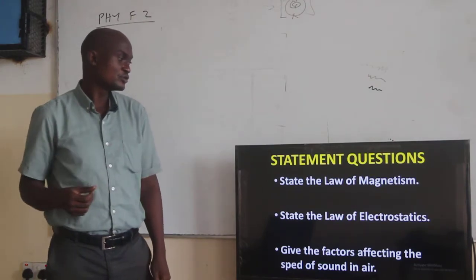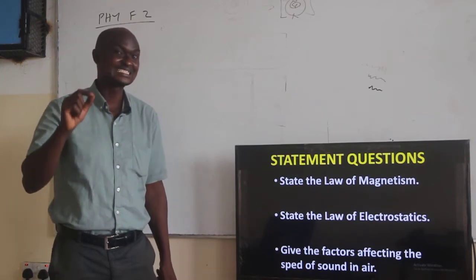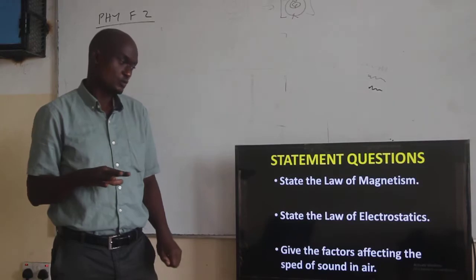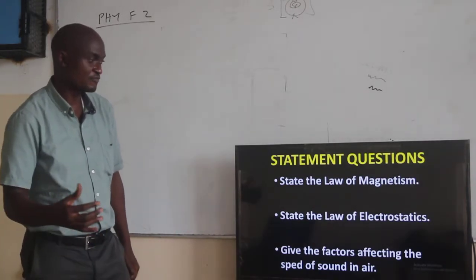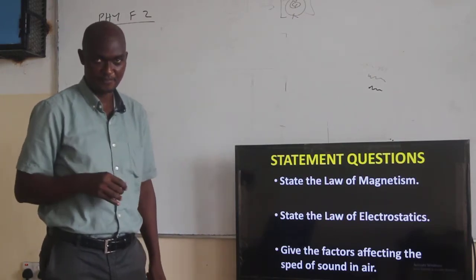When we come to electrostatics, here we talk about objects that are charged, positively or negatively. We did say that there are some which are neutral, depending on the number of negative charges and positive charges in them.